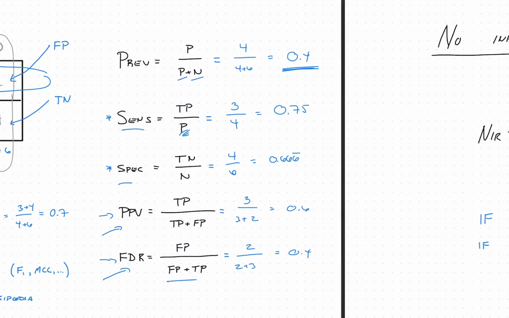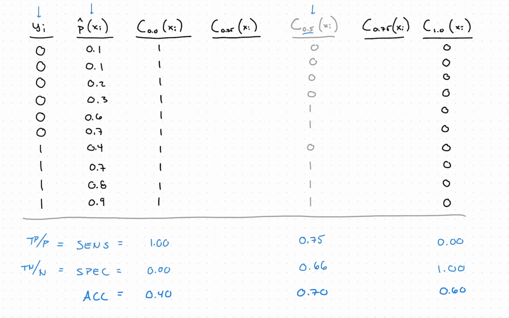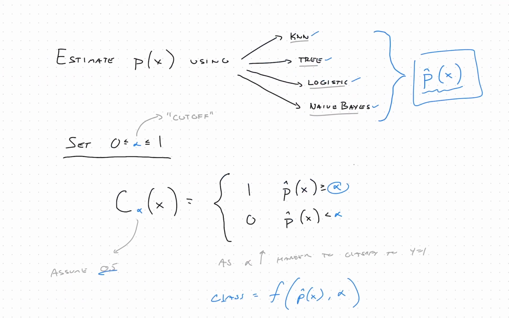Okay, cool. All right, so then I have 4 more columns for 4 different classifiers. They're all using the same estimated probabilities, but now with different cutoffs. If we go to the 2 extremes, first a cutoff of 0, that means any observation is going to be classified to 1, because probabilities are only between 0 and 1.